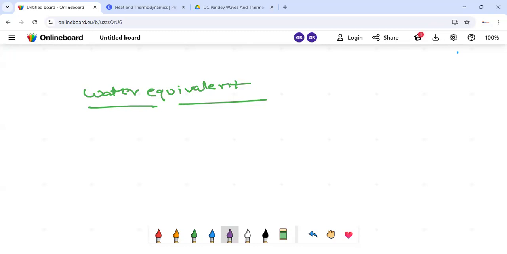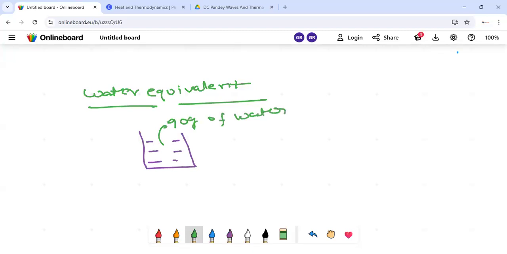Please try to understand what is the meaning of water equivalent. Suppose we have a container, and in this container, we have, let's say, 90 gram of mass of water, and I am heating the container. The container has some mass of its own.